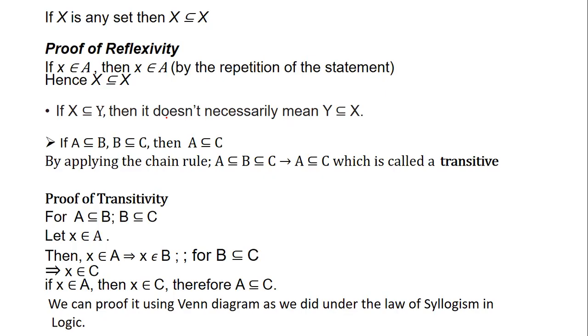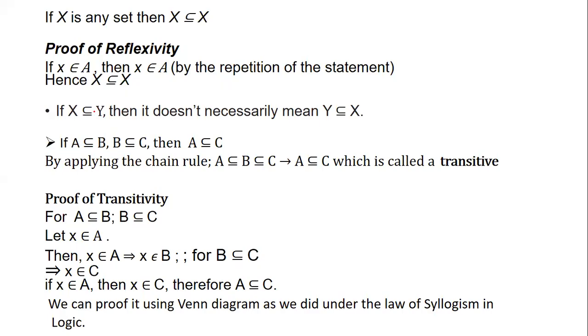Now, if you want to prove it, if x is a member of A, then x is a member of A, because we are saying that every set is a subset of itself. So A is equal to A. So if you take any element x that belongs to the first A, then the same element x also belongs to the second A because A is equal to A. So by the repetition of the statement, it means that A is a subset or equal set of A.